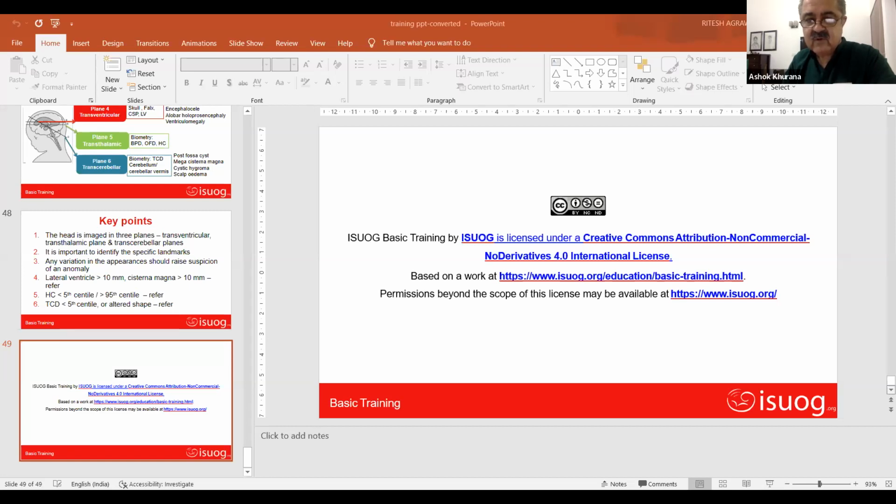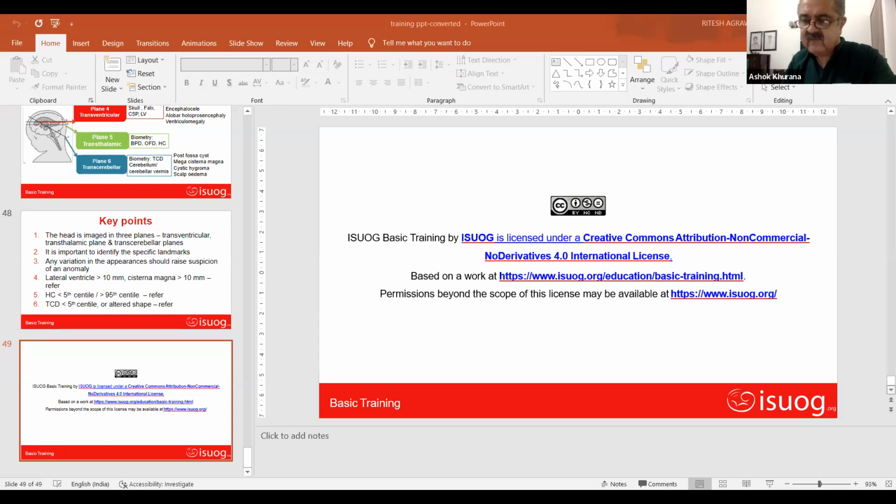The important thing to also remember is that there are a lot of normal variations, and one which is being discussed in the chat box at the moment are things like a Blake's pouch cyst. We know that there is an embryology, and embryology is extremely important to understand. So to try and say that the cerebellum does not look good at 14 or 15 weeks may not be very wise, because there's a good chance that it just hasn't started forming yet.